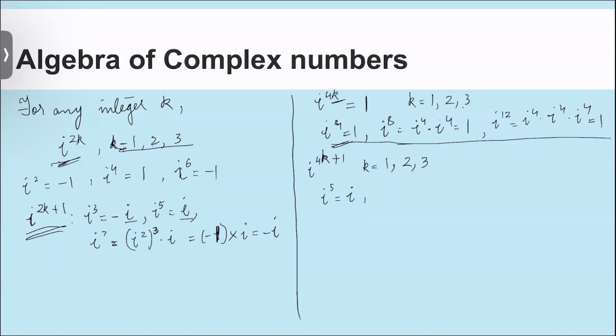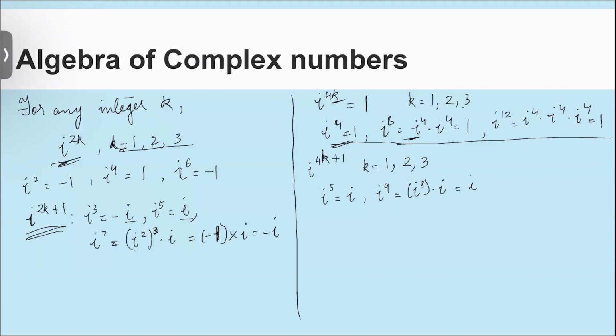Now over here, 8 plus 1, 9. i to the 9, you can write that as i to the 8 multiplied by i. We've already seen that i to the 8 is 1, since 8 is a multiple of 4. So then again this remains i.